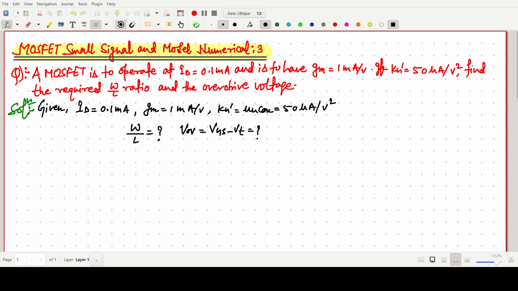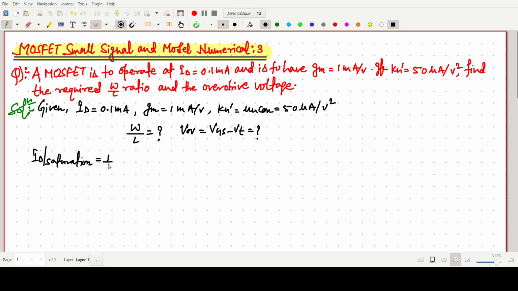In this question, first we have to know a relationship between ID and gm. So why am I writing this one? The ID current in saturation. Most of the time, we write the drain current in saturation, not in linear, because the transistor is used as an amplifier, and it works as a better amplifier when it is in the saturation region.